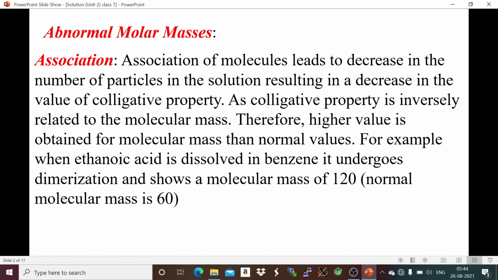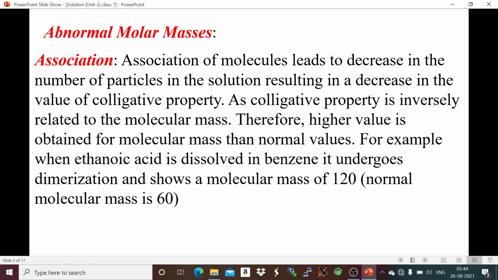Dimerization means two molecules combine to give one dimer. So if association takes place, the number of particles decreases, and obviously the colligative property will be affected, because colligative property is related to the number of particles.